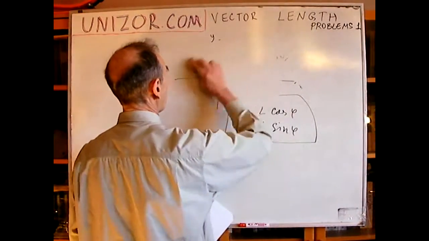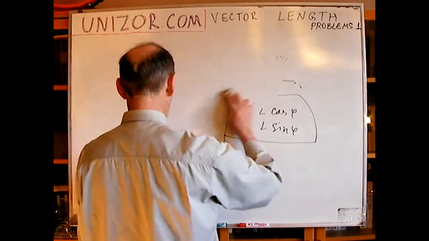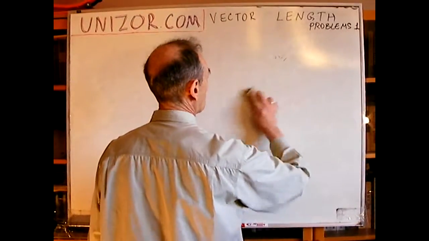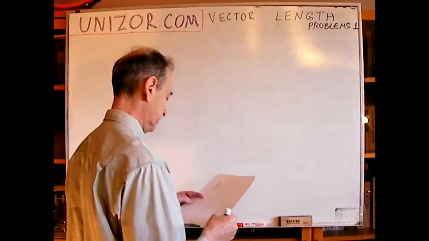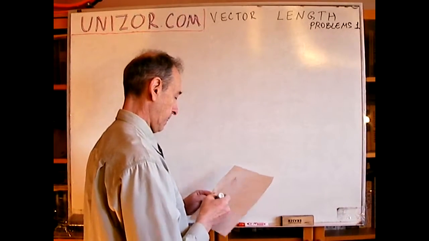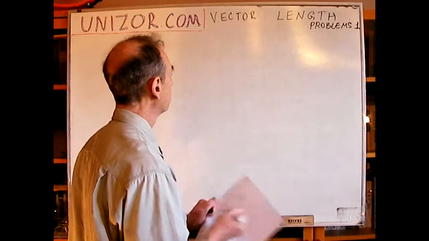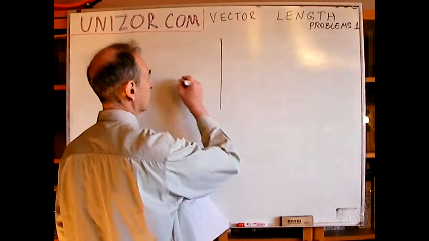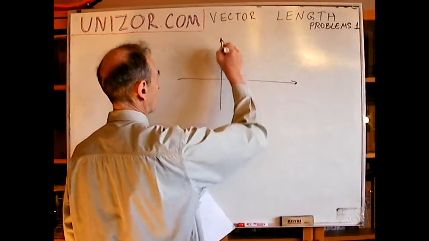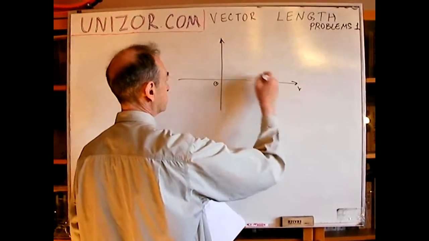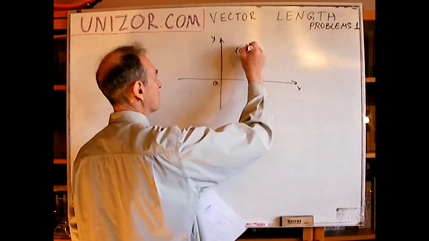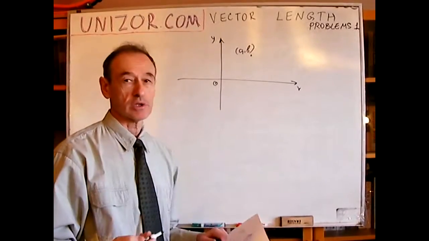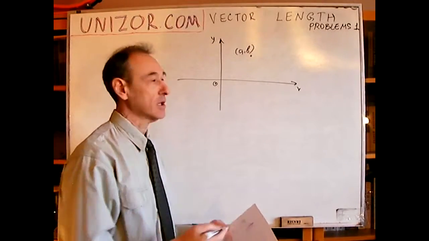Now, the second problem is very much related to this. Let's consider that, again, we have a two-dimensional plane, and there is some point AB where an object is located at a certain time.